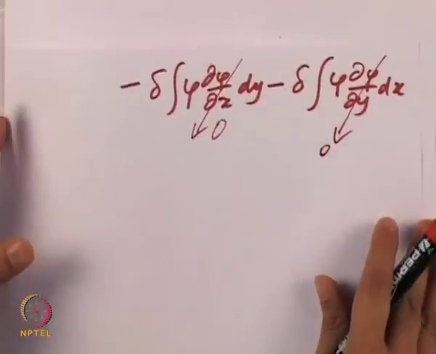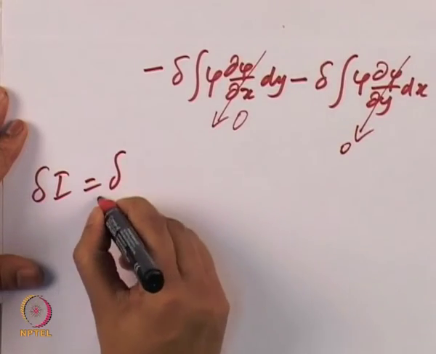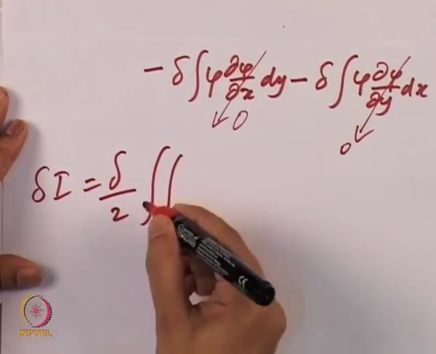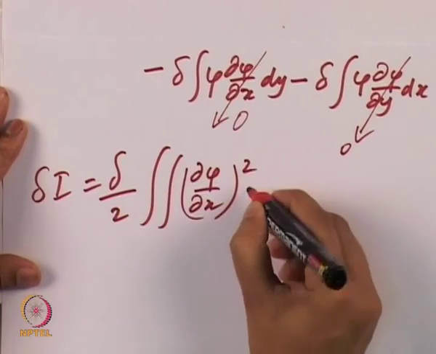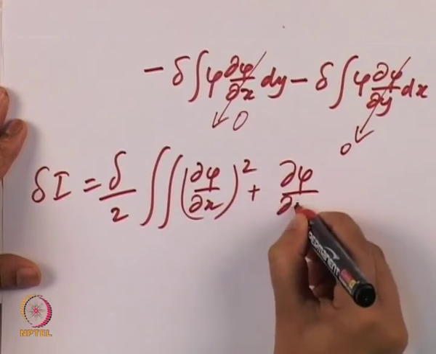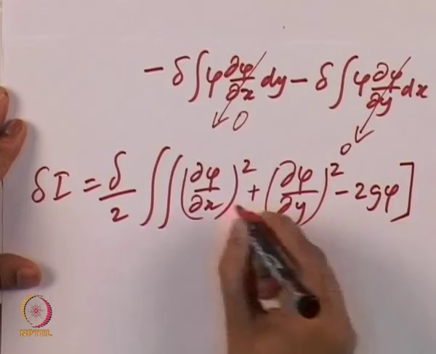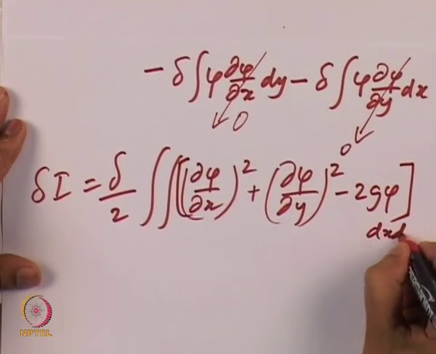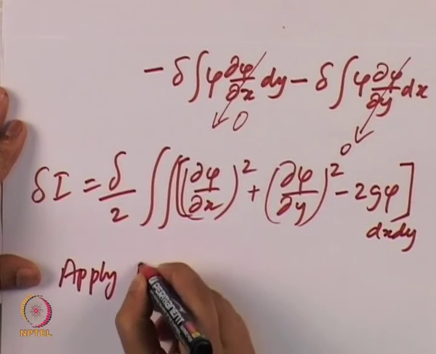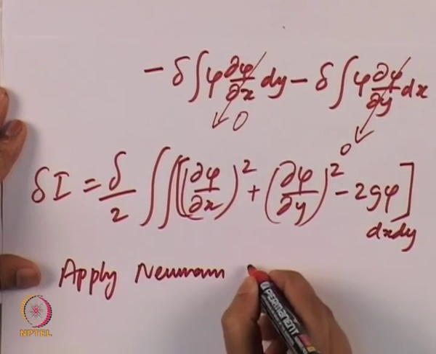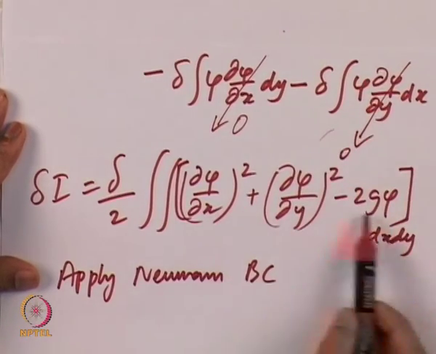So we can write it as I is equal to half integral, square plus square minus 2g phi dx dy. This is applying the Neumann boundary condition. So these terms are going to 0, so you will have only this term.